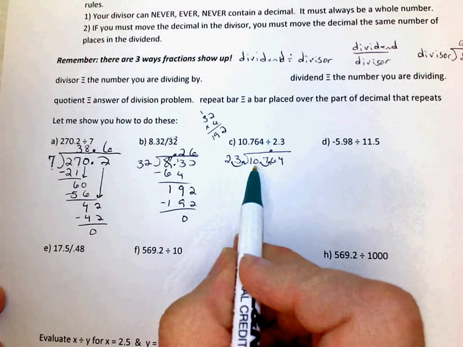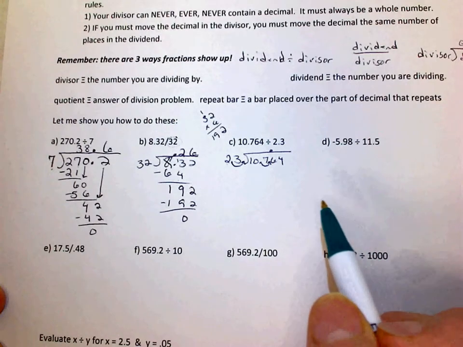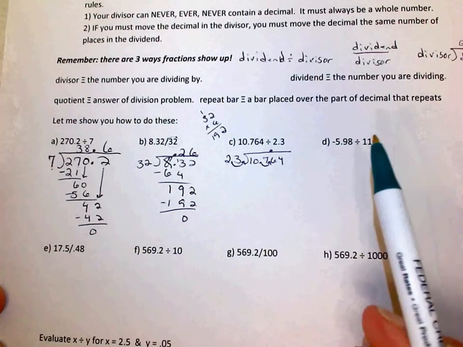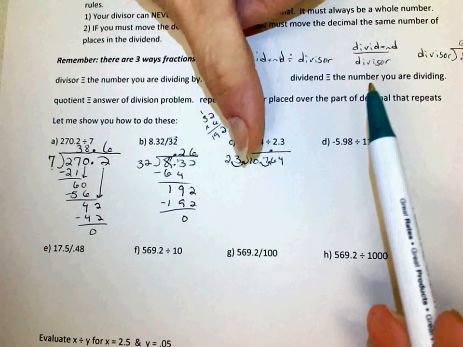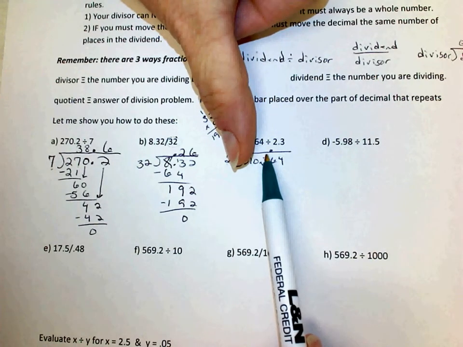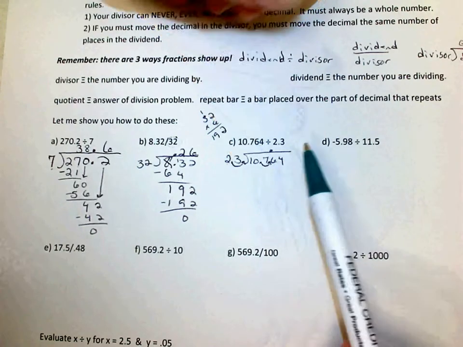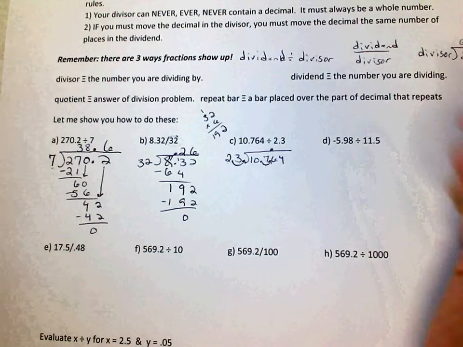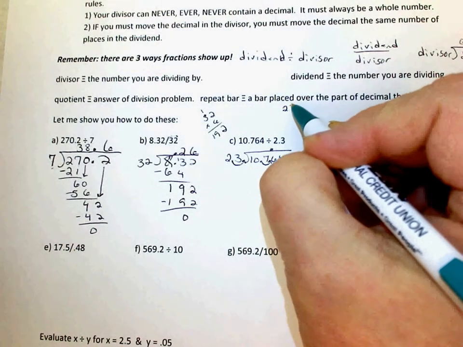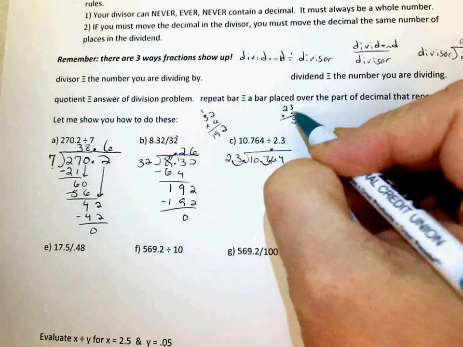23 goes into 107. Well, I'm not sure. I'm going to cover up one digit here and cover up one digit here. 2 goes into 10 approximately 5 times. So I'm going to take 23 times 5. That's 15, carry 1, 11.